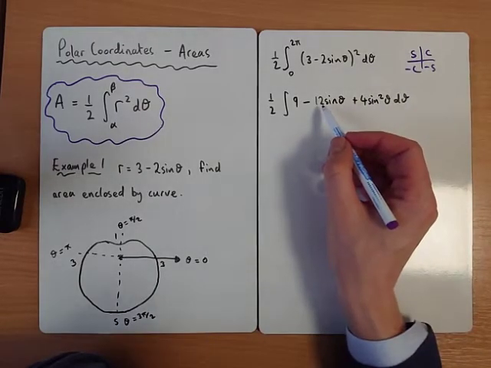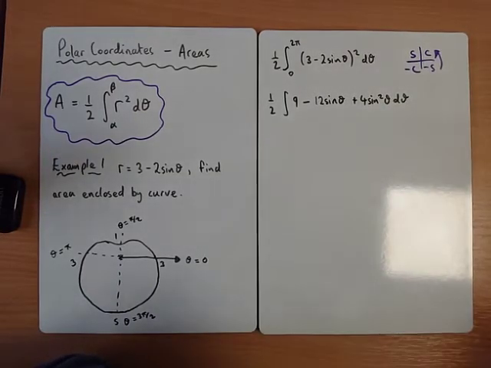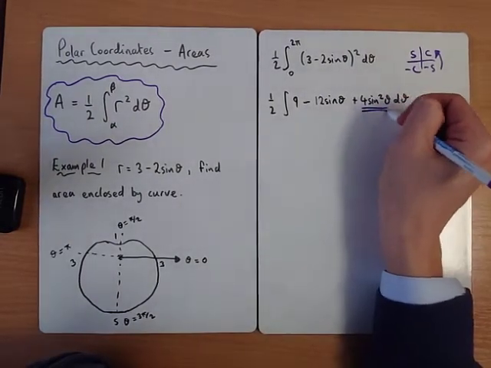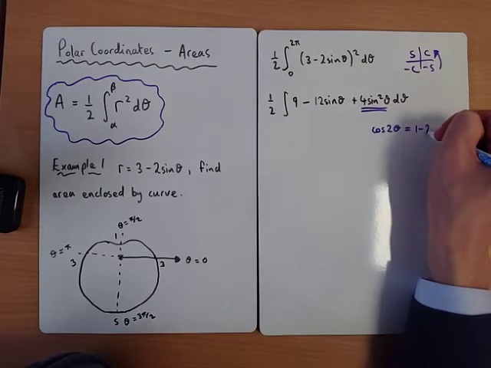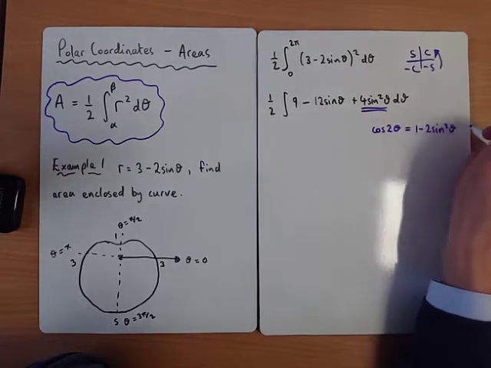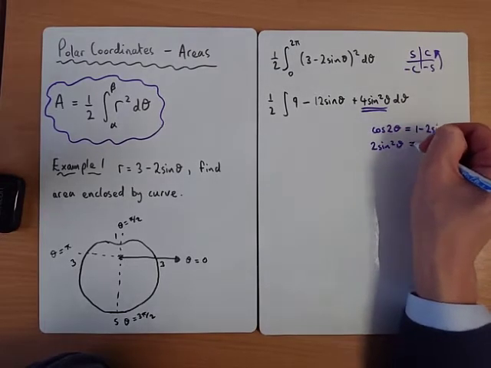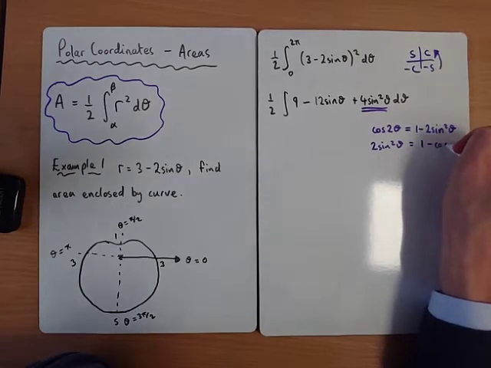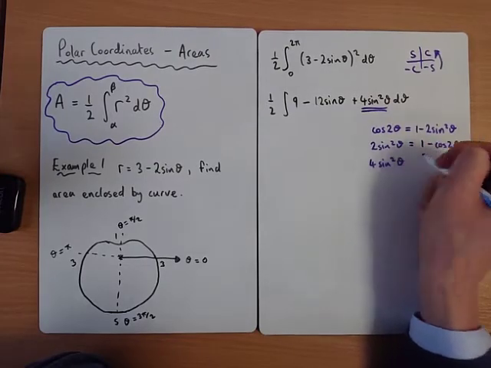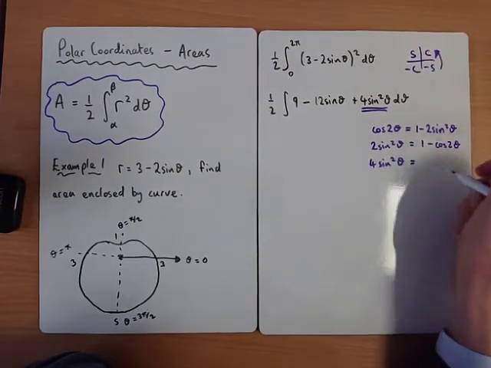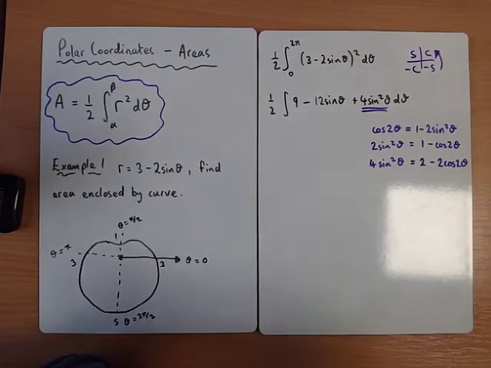So we can integrate negative sine, goes anti-clockwise, back to positive cos. The main one that we have to be careful with is the sine squared. If we use the double angle identity, 4 sine squared theta would be 2 minus 2 cos 2 theta.